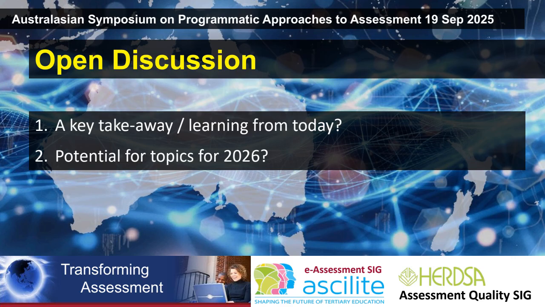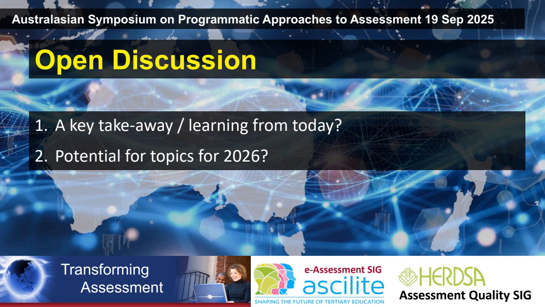The idea of this closing session, which we called open discussion, is to get your reflections. You have hopefully been here for most of the day, and we're going to use the text chat because unfortunately other tools are not available at this point.